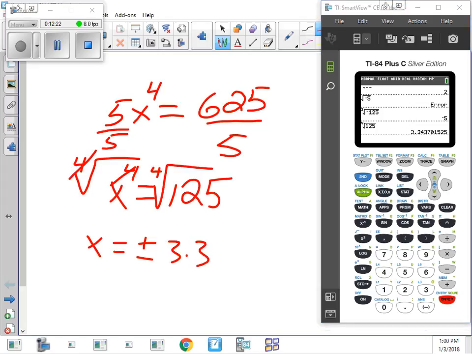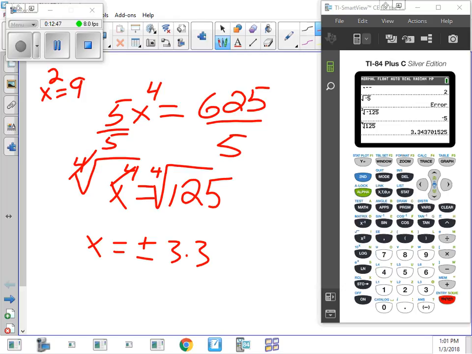Why is this plus or minus? Because the root was even, right? Do you remember back when we did stuff like x squared equals 9? What 2 numbers work in that case? Plus or minus 3.